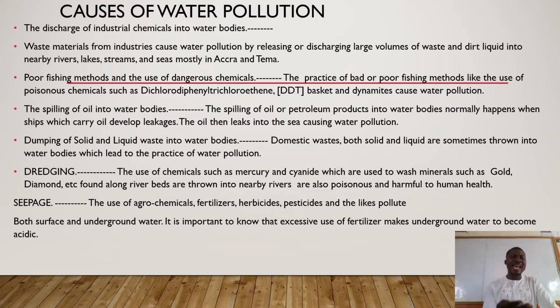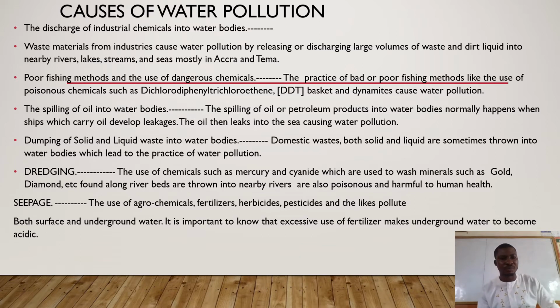Areas in Ghana where this water pollution is mostly effective are Accra, Tema, Takoradi, etc. These are our industrial areas. These are areas where industries are set up in large quantities. Therefore, water pollution is also more in those areas.